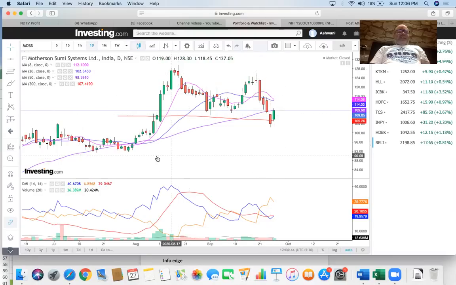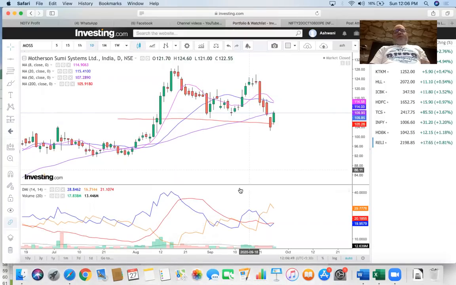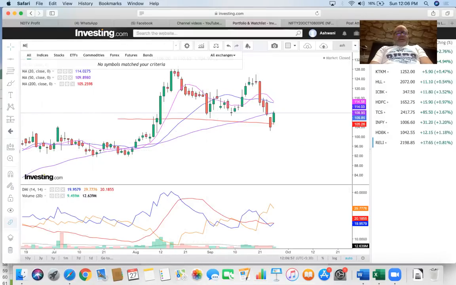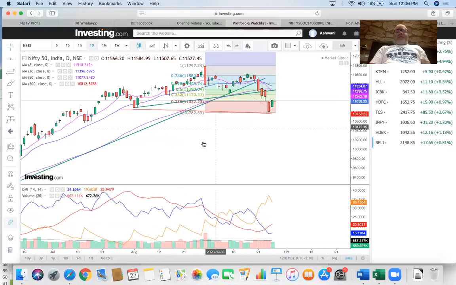So again, these are a few trades that you people can look at, but overall, I think the message is very clear that unless the market proves otherwise, we should be looking at this kind of rally to be a pullback.